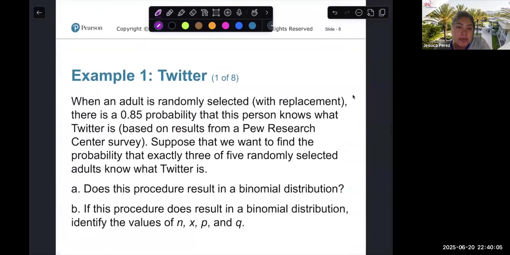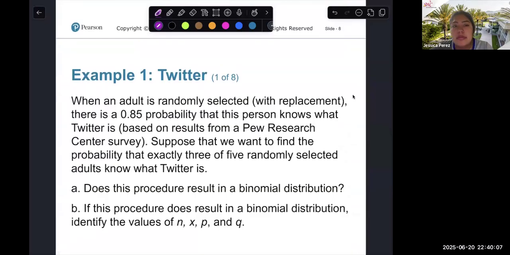Let's look at an example. Does this determine a binomial probability, yes or no? When an adult is randomly selected with replacement, there is a 0.85 probability that this person knows what Twitter is. Suppose that we want to find the probability that exactly 3 of 5 randomly selected adults know what Twitter is.